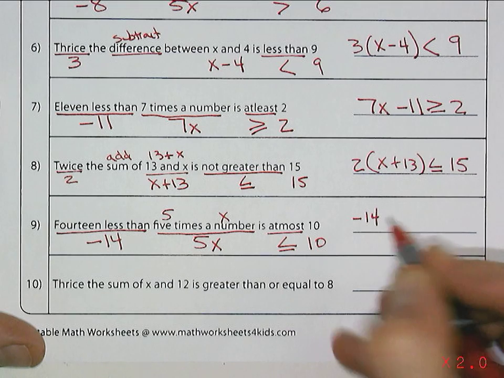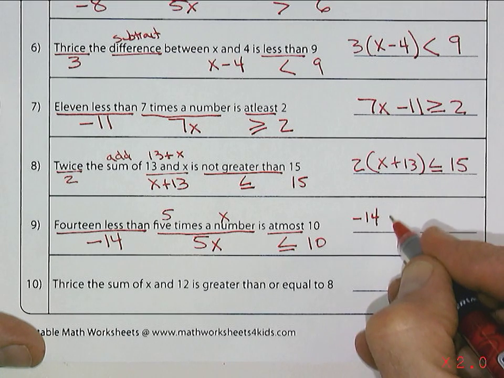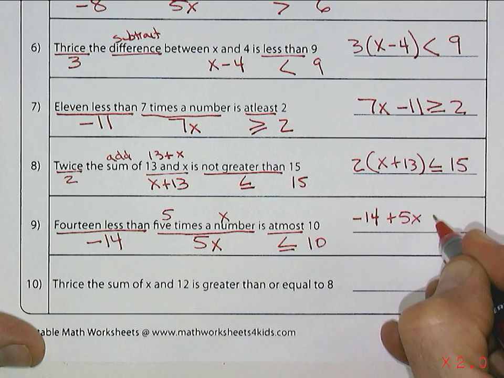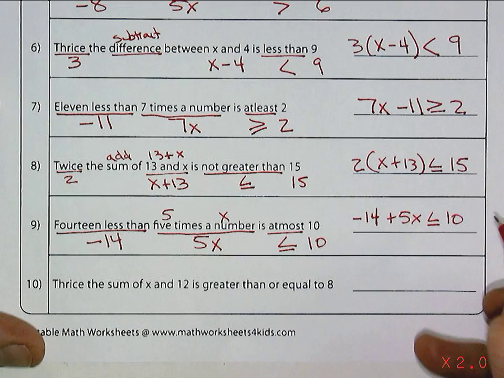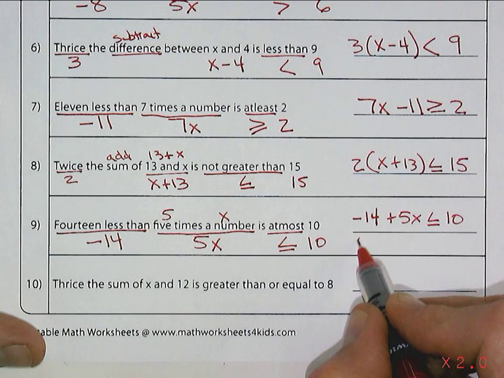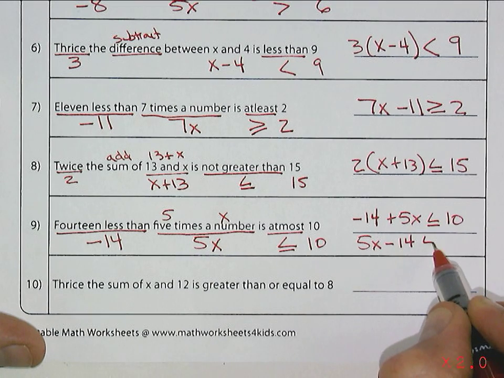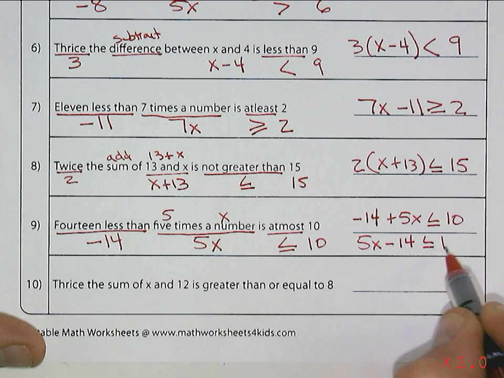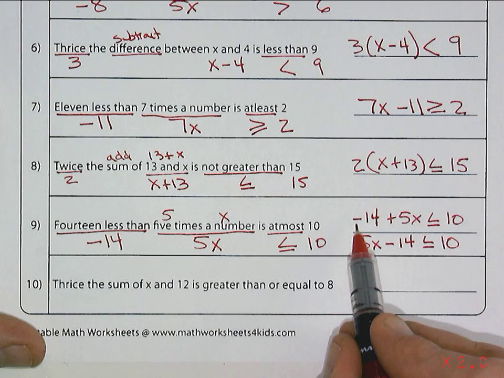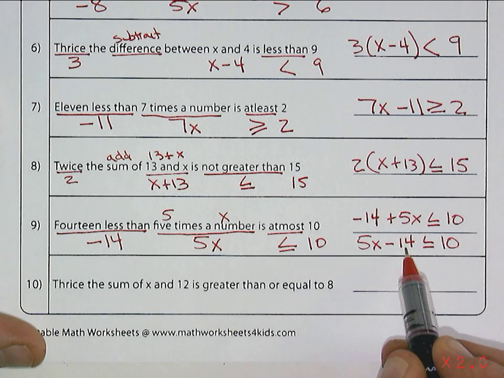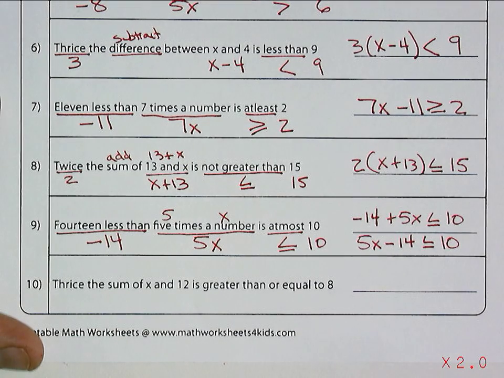I could think of this as a negative 14 plus 5x is less than or equal to 10. Or if you really want to think of it as 14 less than, these can be switched. Their order actually doesn't matter as long as that negative is still attached to the 14, because this is really a negative 14 there as well. So either way, that would still be correct.